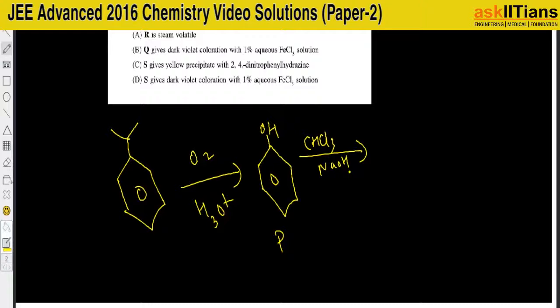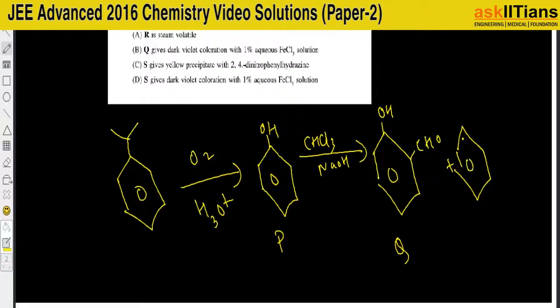You get your salicylaldehyde, which will look like this. So this is the major thing. So this is your Q. Also, it can give a product like this at the para position. So this must be your R.